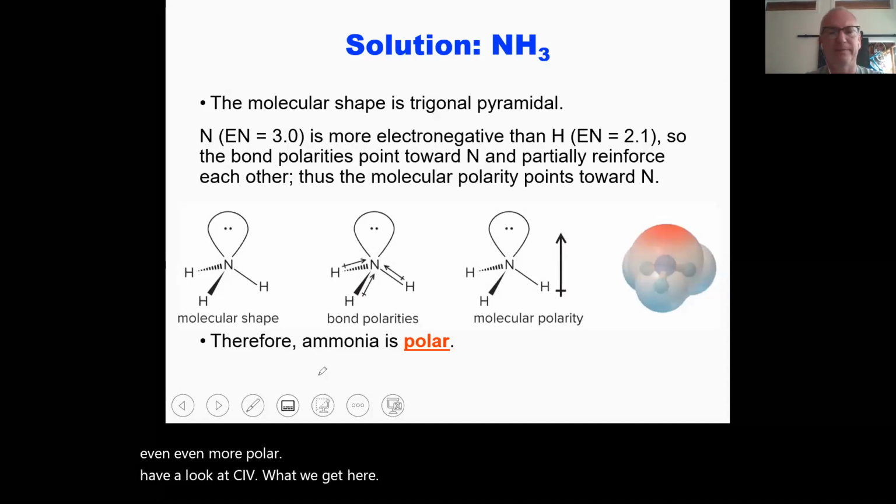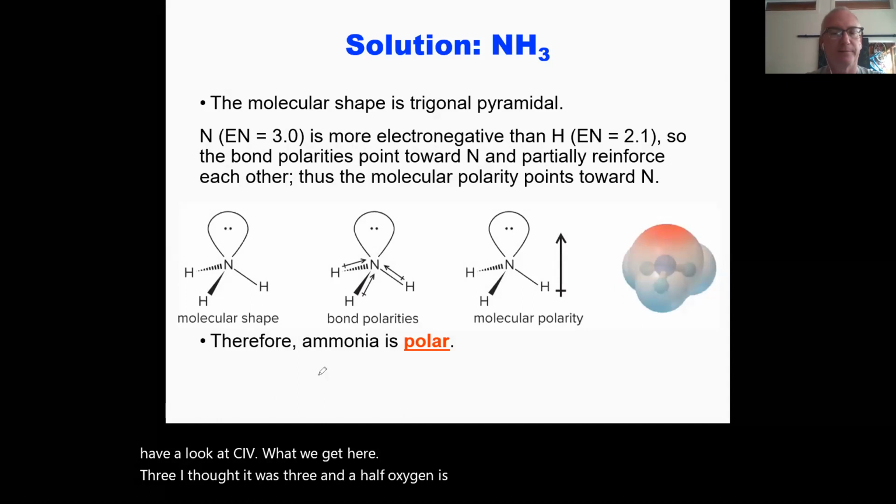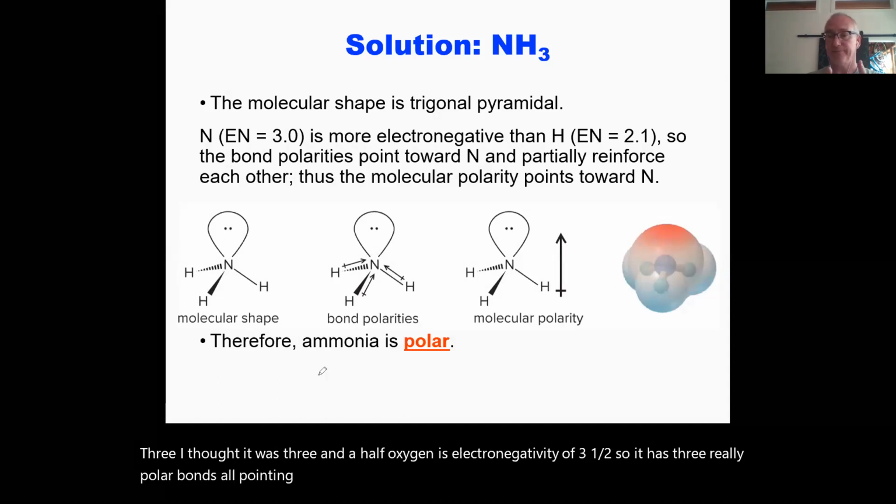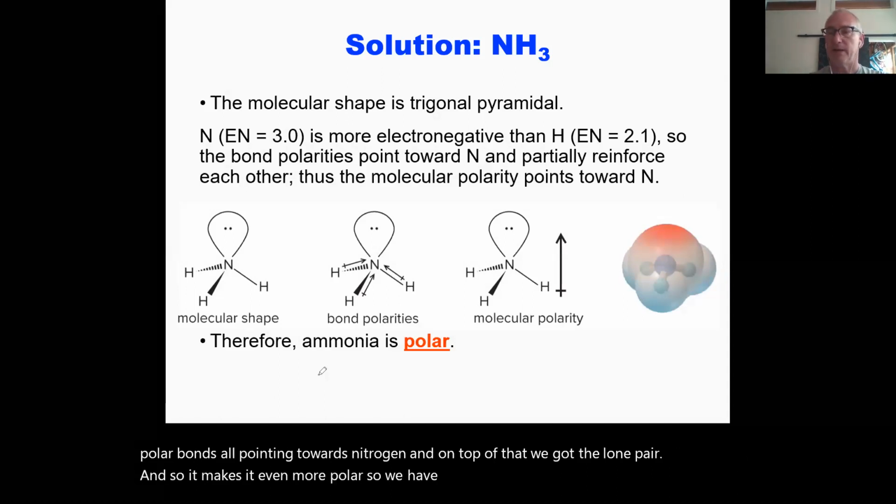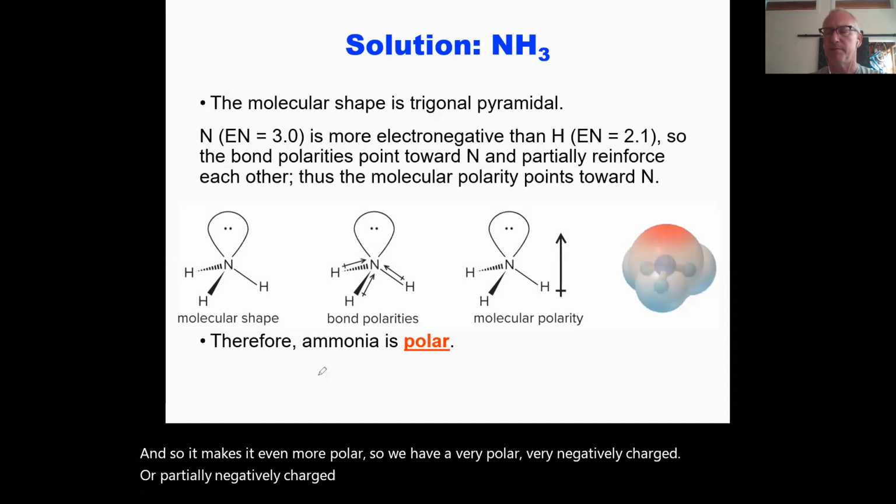Oxygen has an electronegativity of 3.5. So it has 3 really polar bonds, all pointing towards nitrogen, and on top of that we've got the lone pair, and so it makes it even more polar. So we have a partially negatively charged top and a partially positively charged bottom.